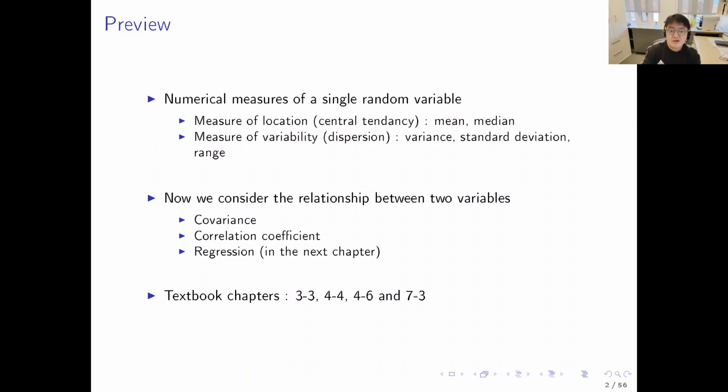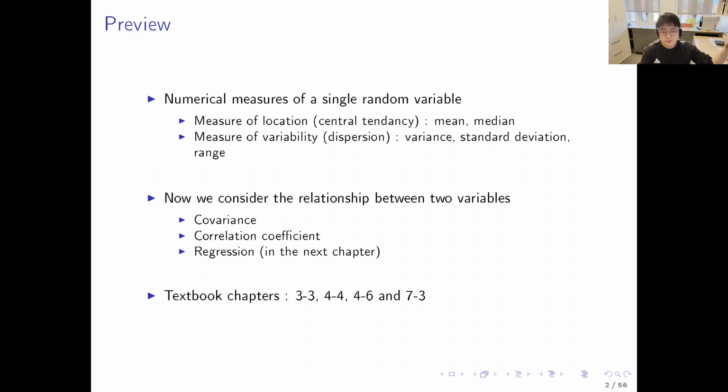But in many analyses in economics, we are interested in the relationship between two variables, how one variable affects the other variable, how they are related, if they are positively related or negatively related, things like that. So we need to learn how to handle multiple variables, and that's what the regression model does, right? So that's what we are going to learn in the last chapter.